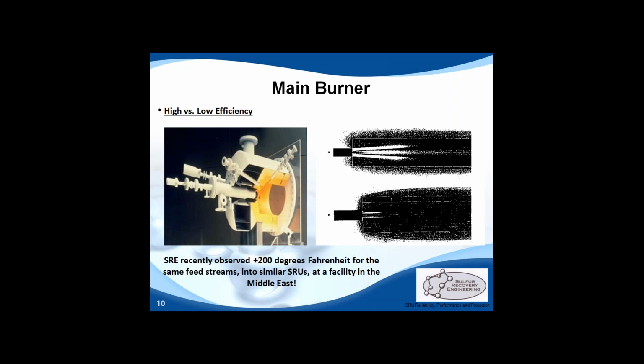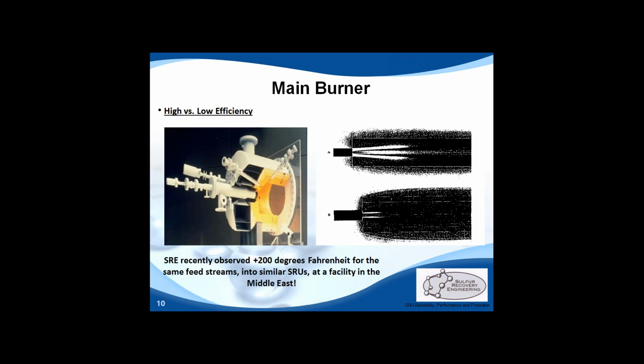What's important here is that recently, at a Middle East job, we observed a difference of 200 degrees Fahrenheit in RF temperature for similar SRUs with exactly the same feed streams. The difference was that we had a newer SRU on site that had a high efficiency main burner, and the other SRU was older, not very old compared to some facilities, but from the 1980s, and it had a low efficiency main burner.